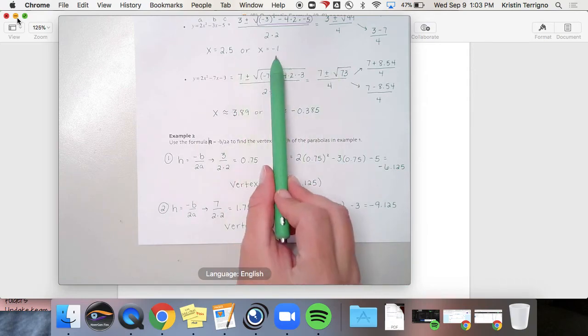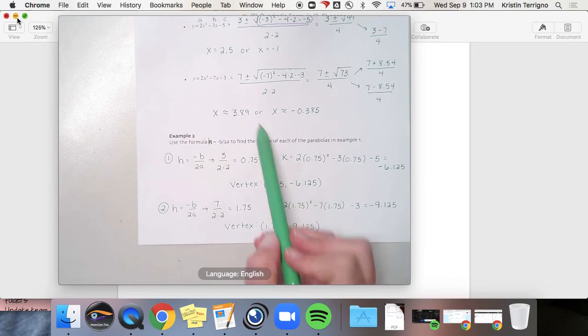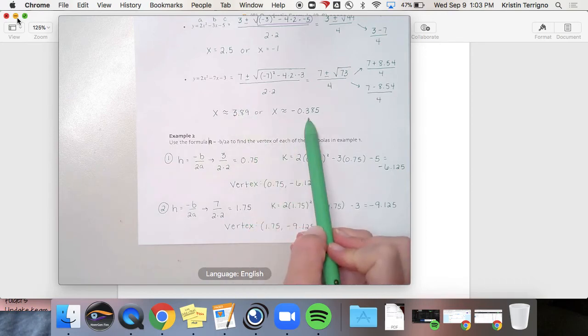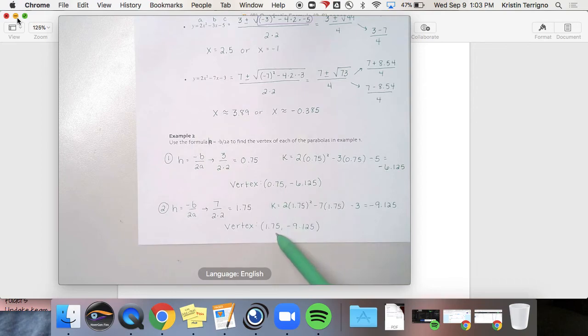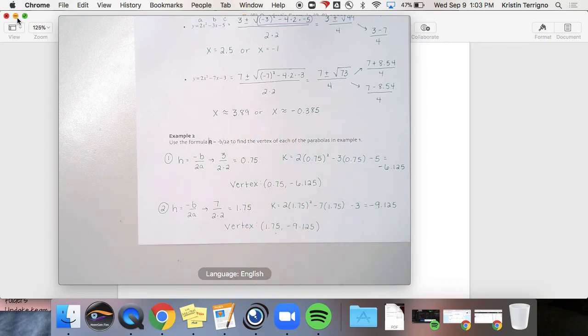So halfway between negative 1 and 2.5 would be 0.75, okay? Halfway between 3.89 and negative 0.38 would be 1.75. So that x value is always going to be located exactly halfway between these two. That's how you can keep an eye on it and make sure your answers make sense.